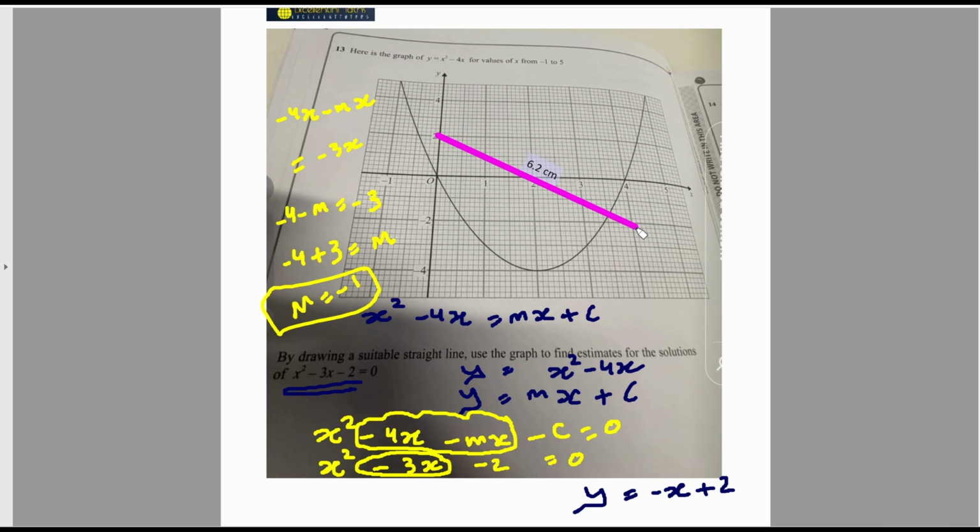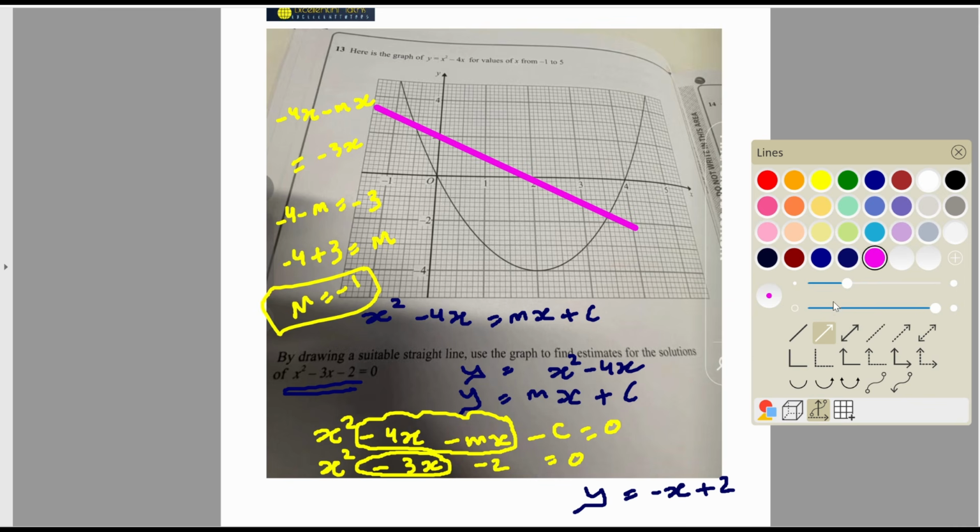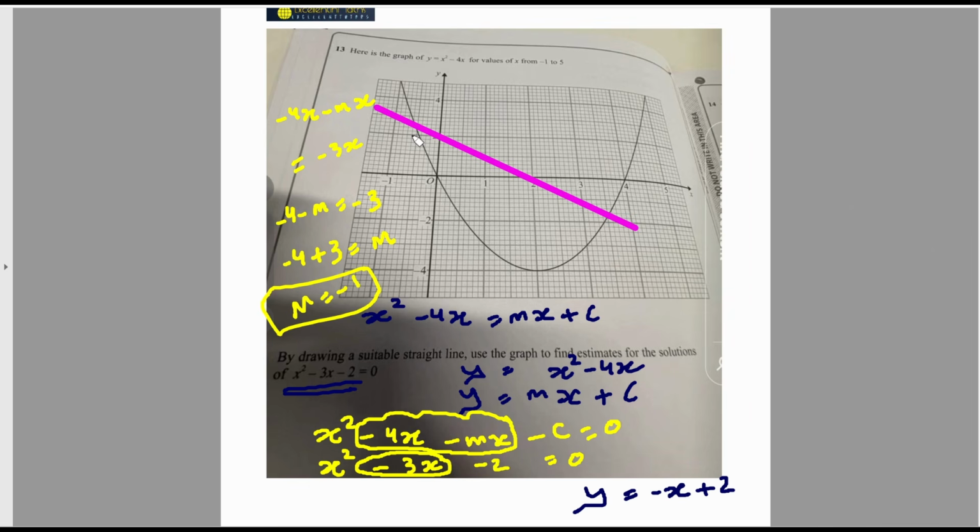Then you go like that and see where the line meets the quadratic curve. When you drop an arrow here and then drop an arrow here, because the solution is going to be only the x values.